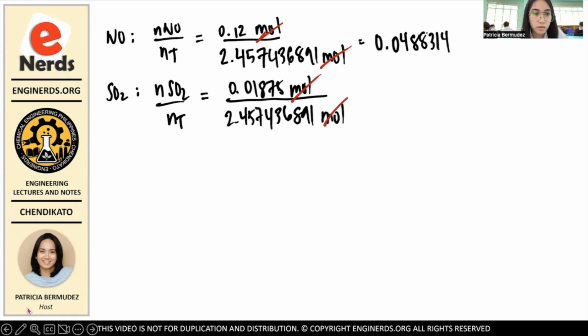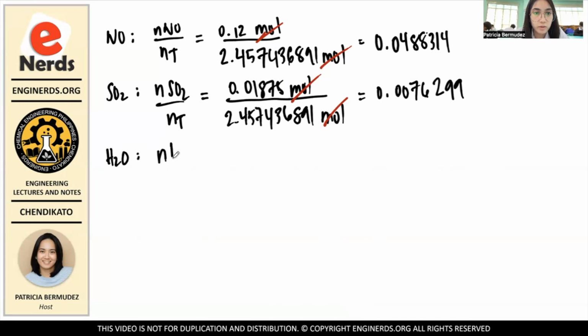And calculating, we have 0.0076299. And then finally for water, we have the number of moles of water divided by the total.